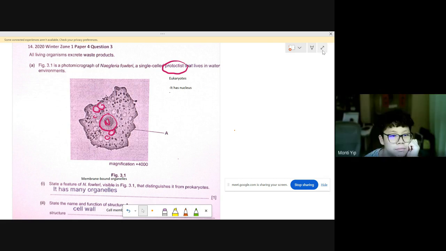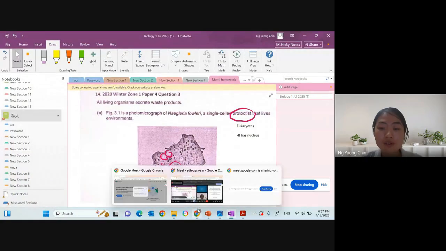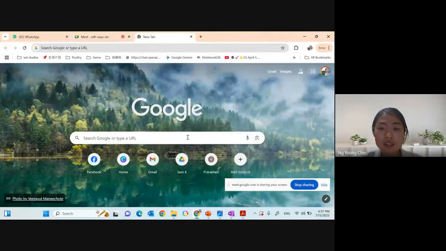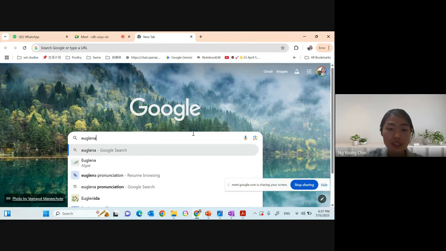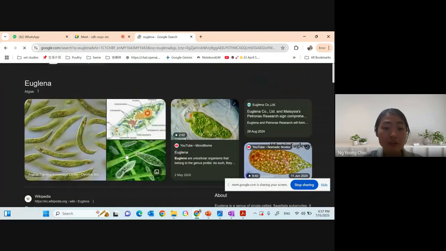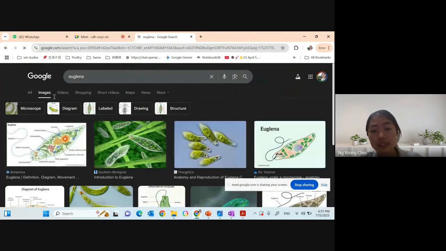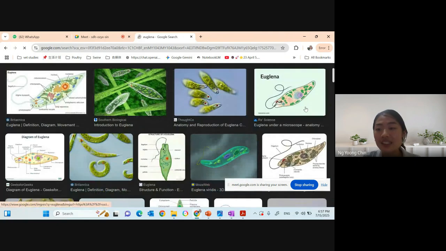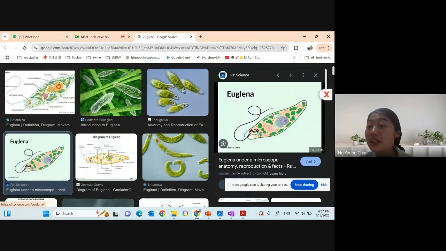For example, what kind of eukaryotic cell has a flagella? This one, Euglena. See, they have the flagella, a long tail behind them. But they belong to the eukaryotic cell, because they have the nucleus here.